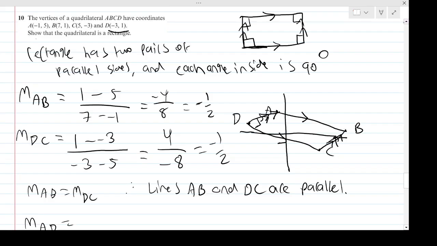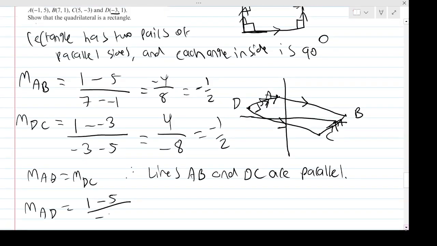So changing y, so I'm going to have 1, take away 5 there from A. Then I'm going to do change in x, so let's do minus 3, take away minus 1. That gets me, 1 minus 5 is minus 4. Minus 3 plus 1, double negative, will be minus 2, so that would be positive 2.